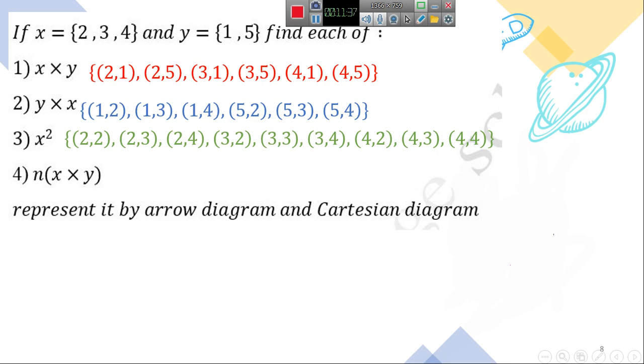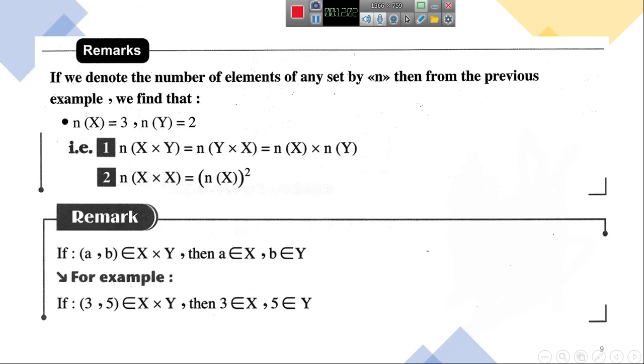You can get the answer of this one using this way without writing the ordered pairs. To find the number of this cross, just look at the number of elements in x. Here we have 3 elements, and the number of elements of y, we have 2 elements. Then the cross is 2 times 3 equals 6 elements, okay?